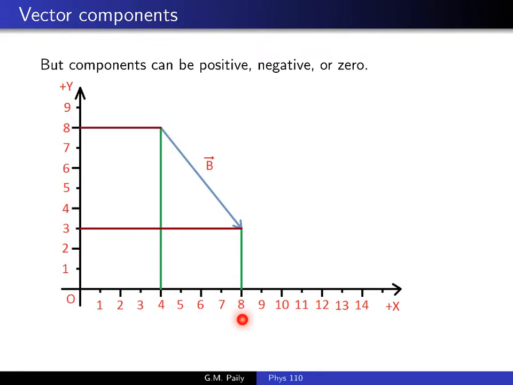It is increasing from 4 to 8 as you go from the tail to the head. But if you look in the y direction, as you go from the tail to the head, it's going from 8 to 3. So it would be a negative y component. And we see that B_x is positive 4 and B_y is equal to negative 5.